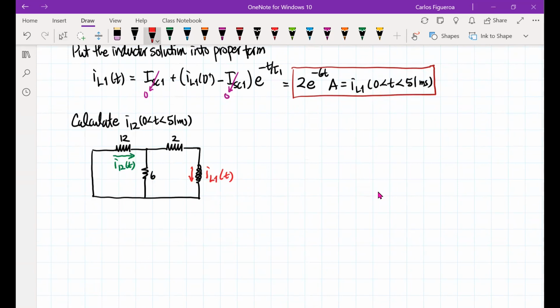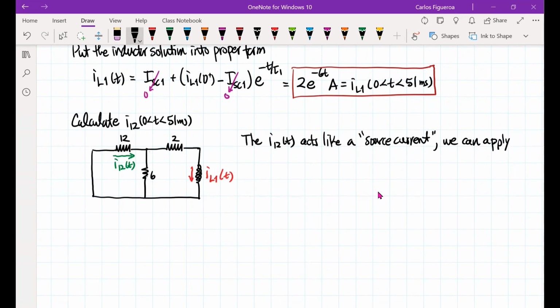And what you're seeing here, if I look at I12 coming in, it's split between the 6 and the 2. So what I'm going to say is that I12 of t acts like a source current. If it acts like a source current, we can apply CDR to get I12 of t here.